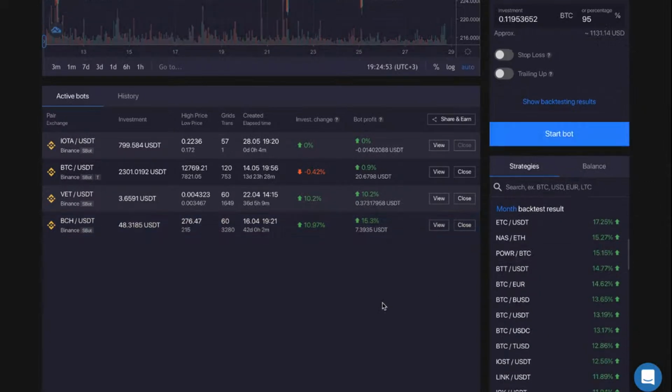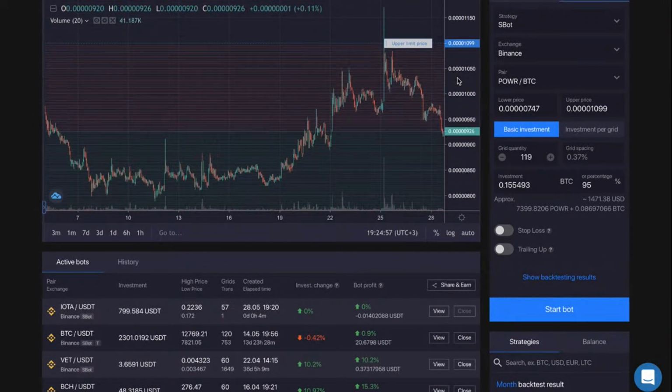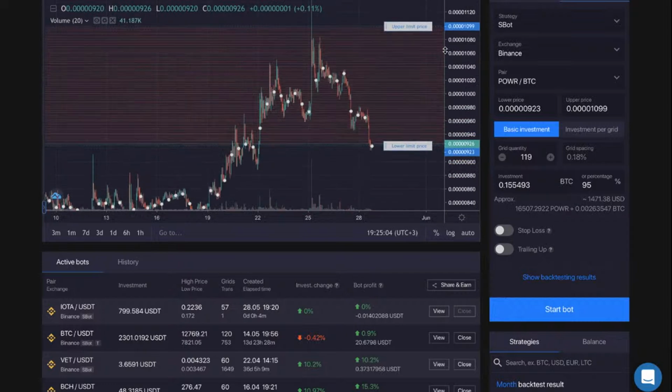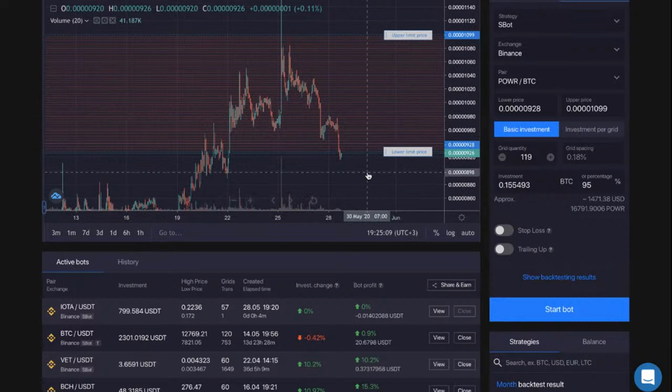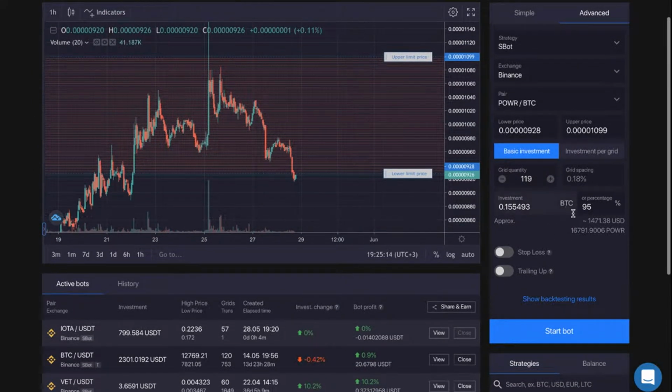Let's say POWR to BTC, and let's adjust the lower limit price so that we only have the sell side like this. So as you can see, it tells me that in order to initiate the bot, I must have enough of the base currency, in this case POWR, and the amount is displayed right here.